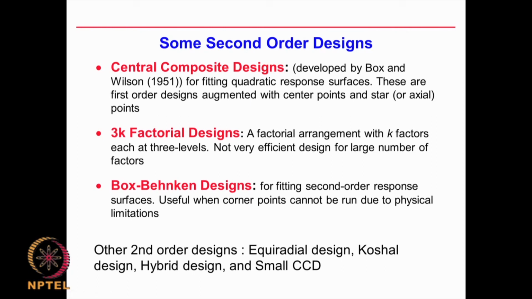First order designs are your factorial designs. 3K factorial design, fractional arrangement with K factors each at 3 levels. Box-Behnken design is also almost like central composite, but the corner points are not used, so they use some other points. Okay. So, we will look at each one of them.